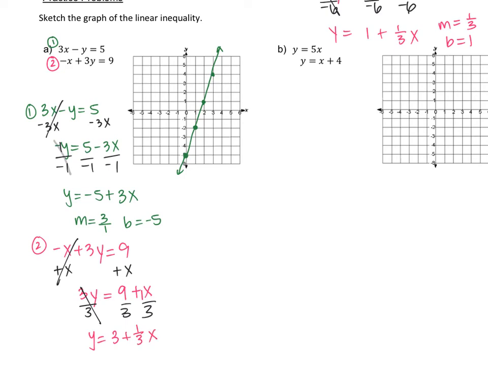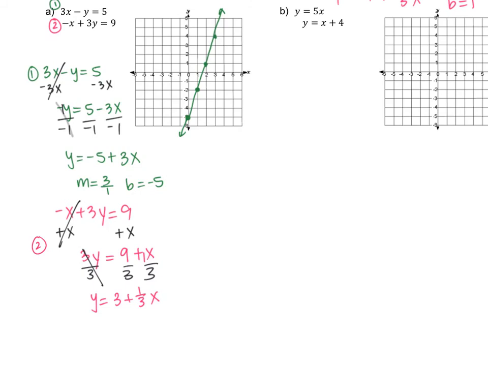So my y-intercept here is 3, and my slope here is 1/3. So if I go to this graph, if I plot it at 3 here, and I go up 1 over 3, sorry, a little bit of glitch here.